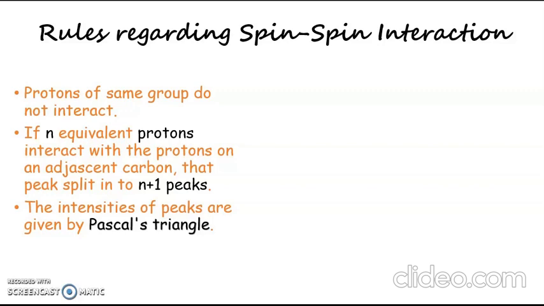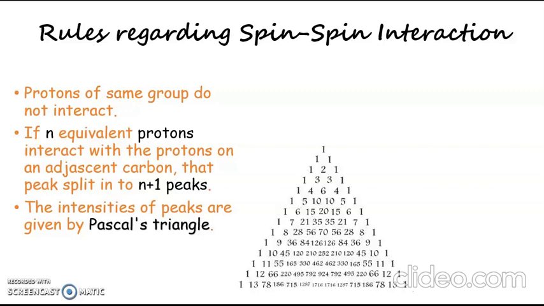Some of you may know what Pascal's triangle is, which is the binomial expansion of 1 plus x raised to n. The relative intensities of these multiplets are given by the coefficients of this binomial expansion. This is the Pascal triangle.